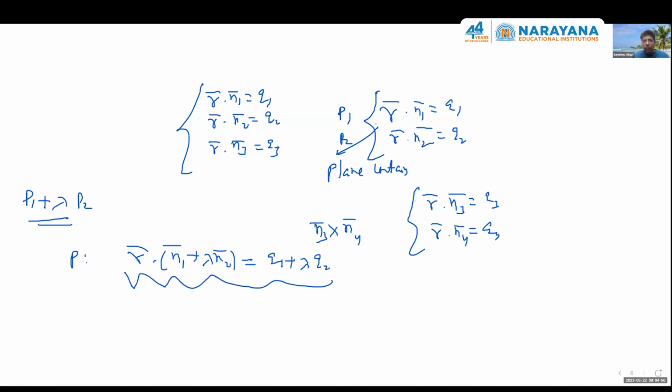Now this plane is parallel to this LOI. That means its normal must be perpendicular to this or not? Yes, sir. That is what I am telling you. So dot product of normal with N3 cross N4 must be 0. Yes, sir. Is that clear? Yes. Like that, you have to comprehend.